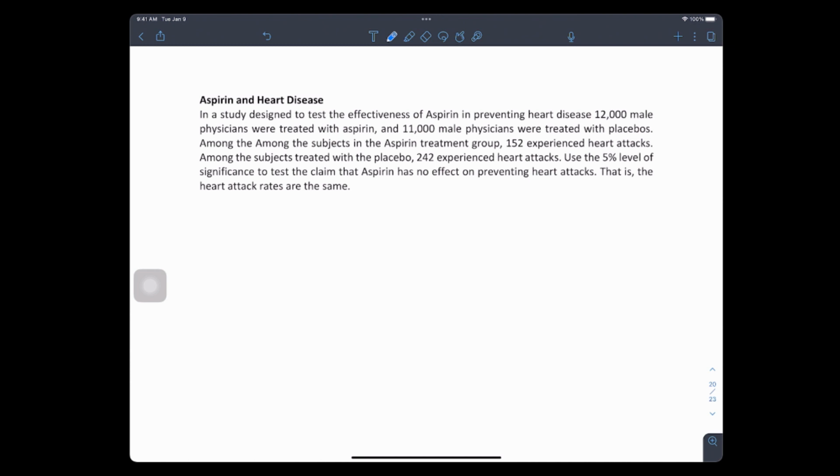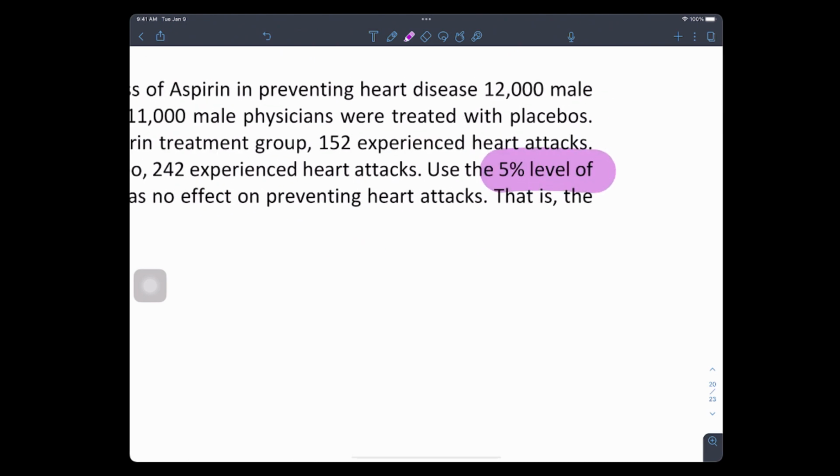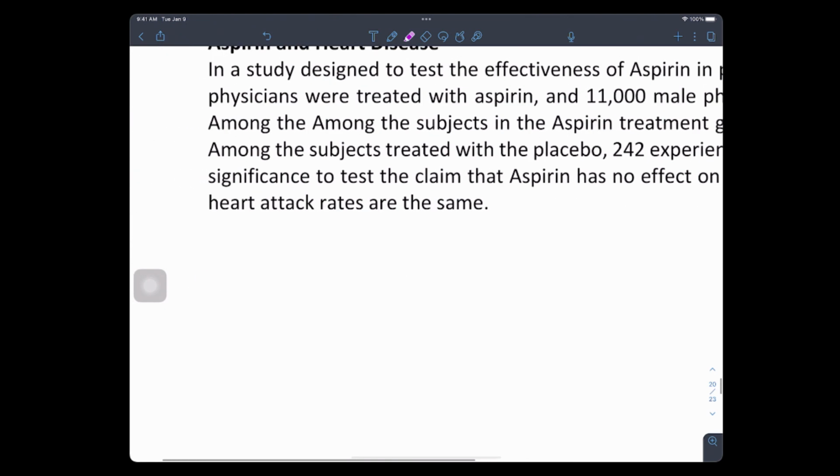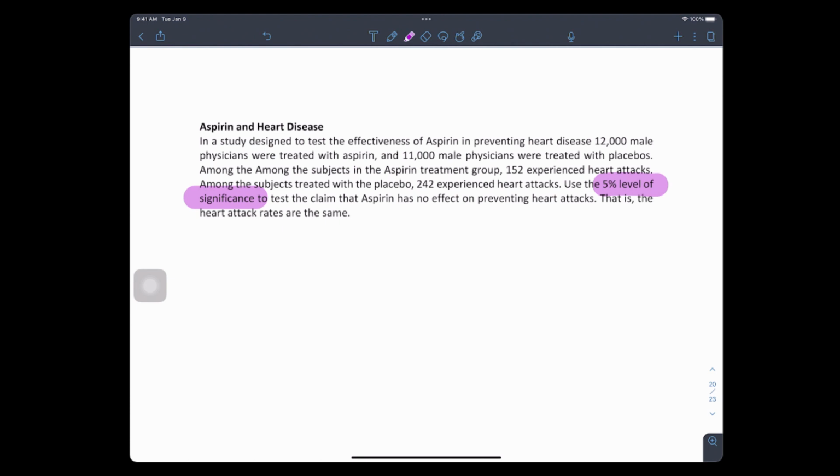Okay. Now, what do they say? Use the 5% level of significance. Okay, so the second I see 5%, what do I write down? I say alpha's what?